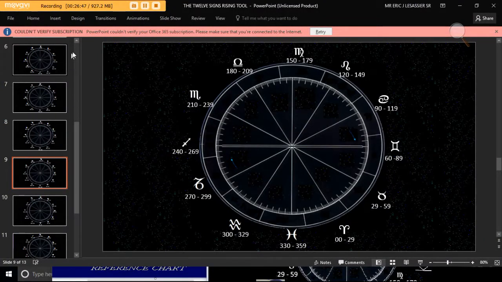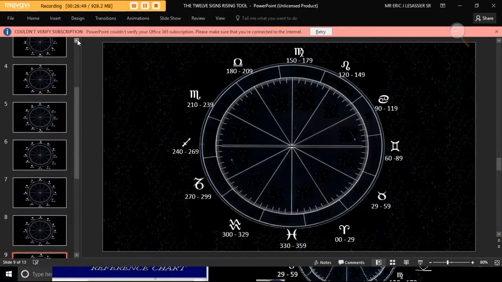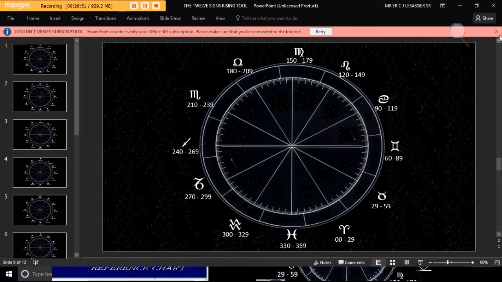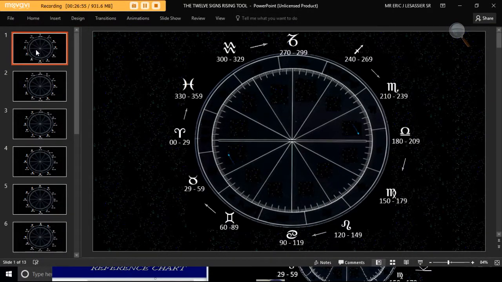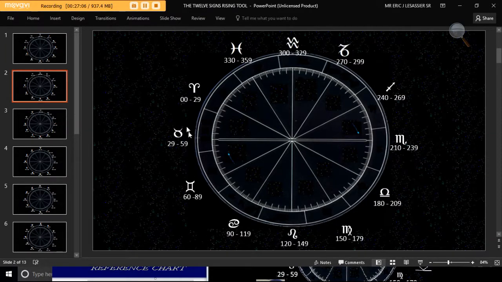Okay, so let's say that we start, and I designed this so I was able to show you. Let's say that we start off with Aries. Now Aries is rising in its degrees. And now the next sign comes up, and that's Taurus. As Aries rises, whatever is on this horizon line is your rising.